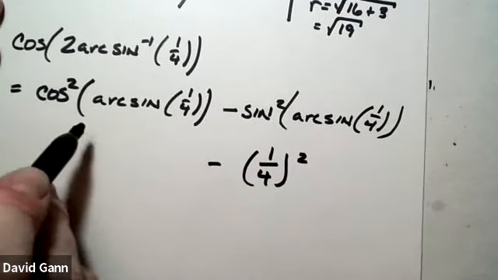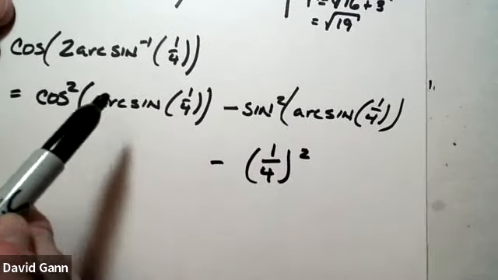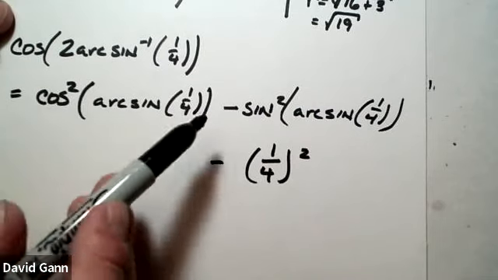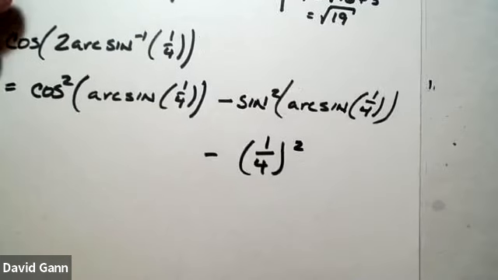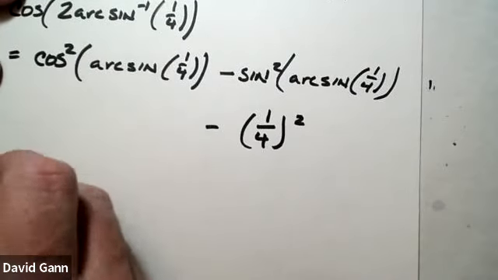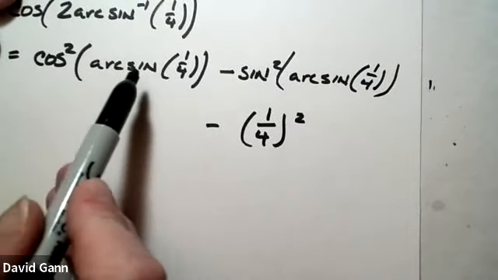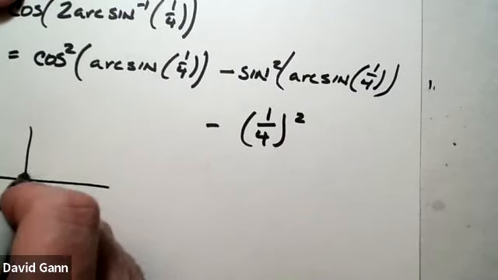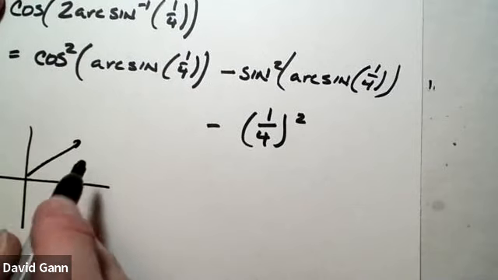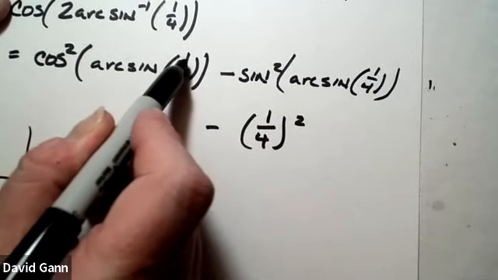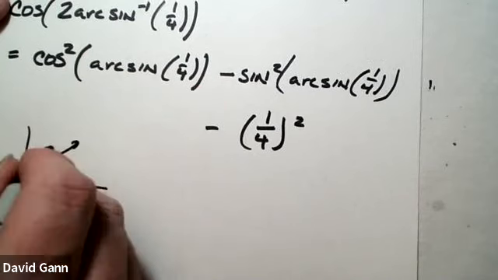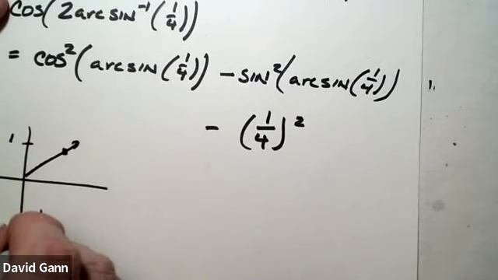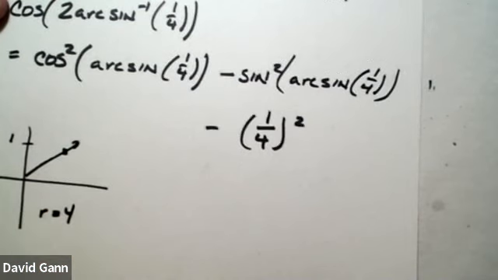Okay, so over here though, this is kind of a whole different problem, because here we're wanting to take the cosine of an inverse sine of something that we just don't happen to know what it is. So I'm going to take a minute here and draw this angle. Again, this is an angle in quadrant 1. So let me draw an angle in quadrant 1. And there is some point on this ray where the y value is 1 and the r value is 4.